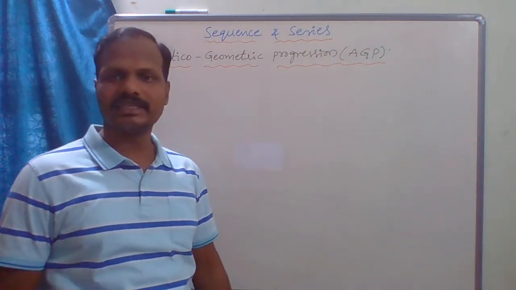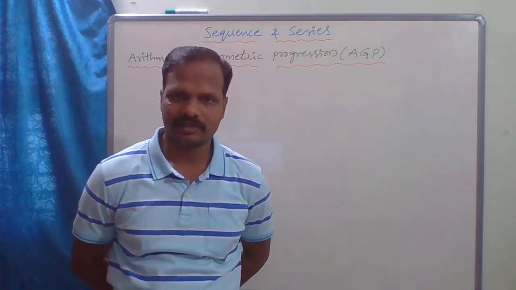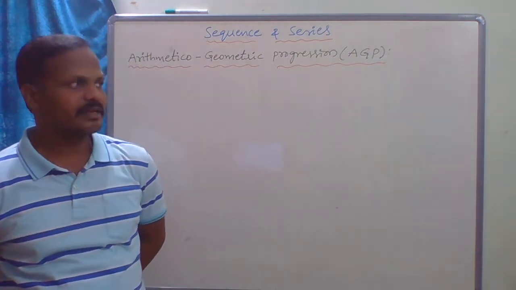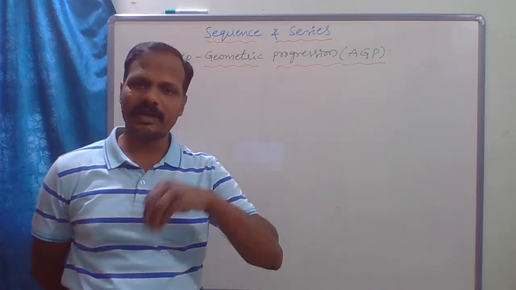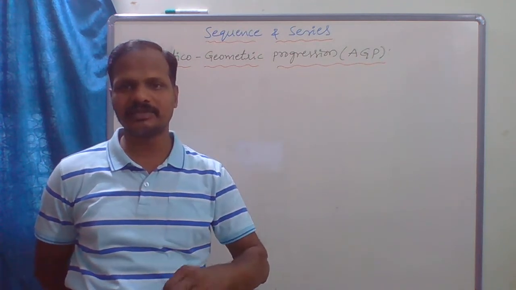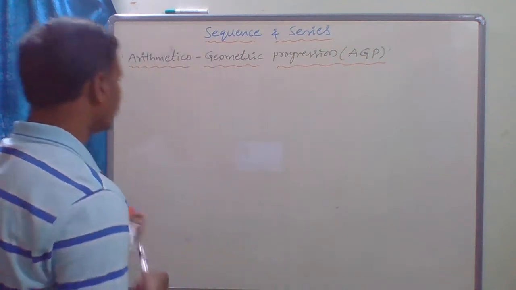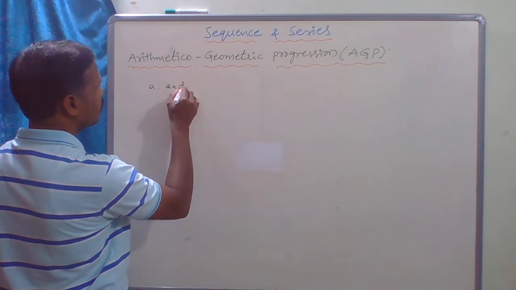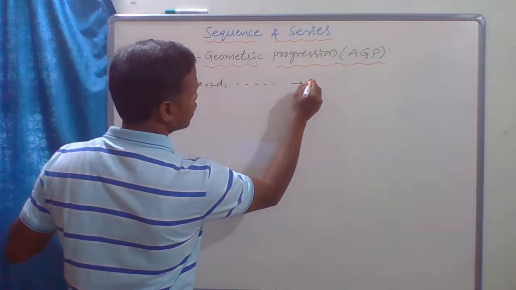A sequence is called an arithmetico-geometric progression, AGP, if the terms in the sequence are the product of the corresponding terms in an AP and a GP. Suppose a, a plus d, a plus 2d, and so on are in AP.